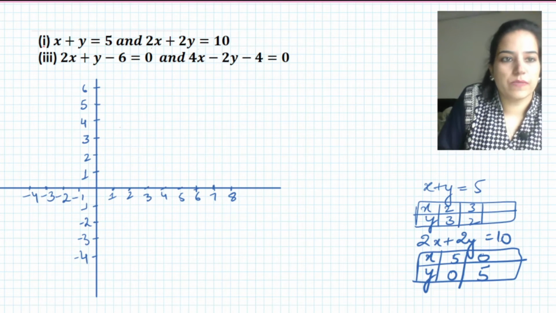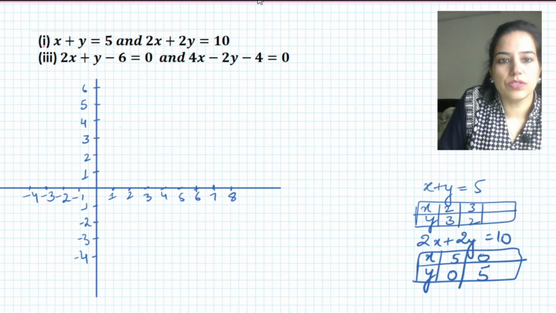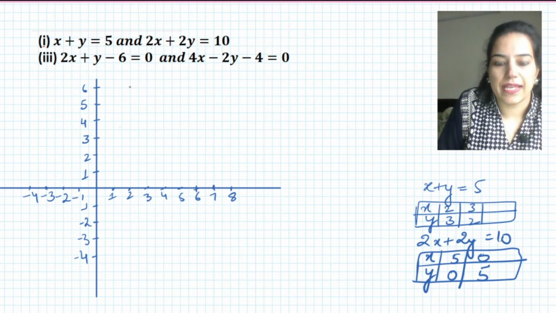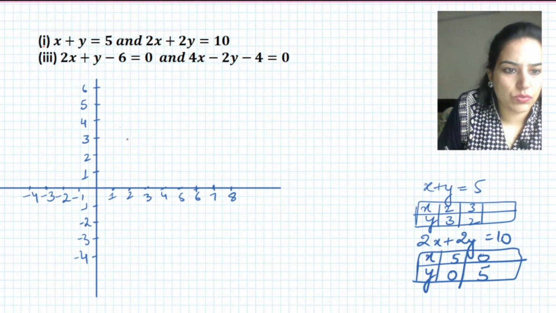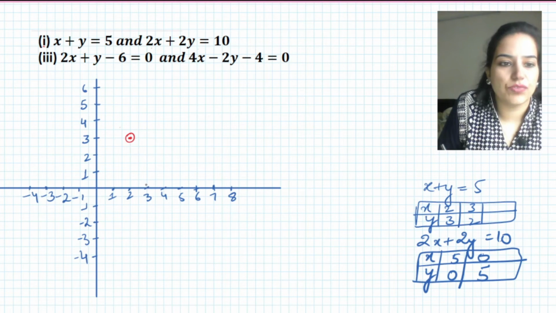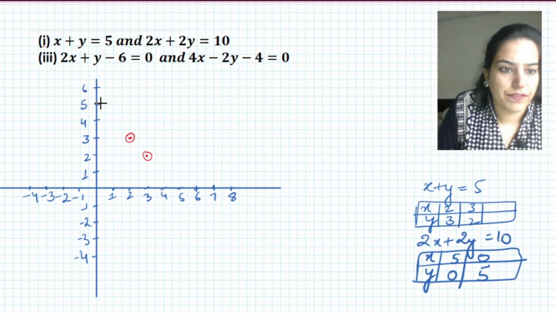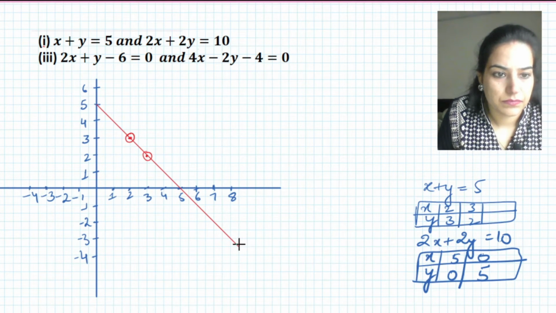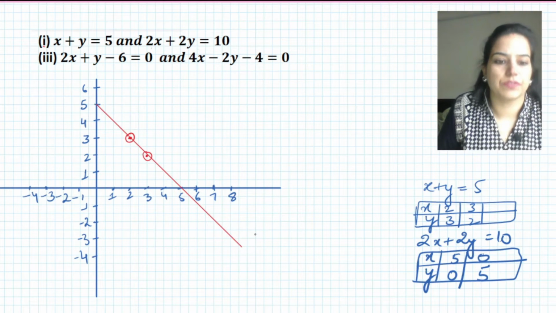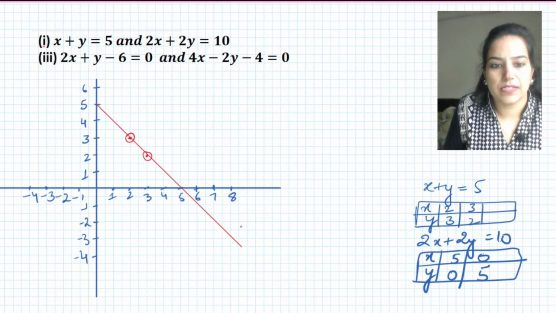Alright, so let's plot these points now. So if I start plotting them, x is 2, y is 3, this goes somewhere here. And x is 3, then y is 2, it goes here. Okay, if I join them now, fine, right? So I can name it as x plus y is equal to 5.